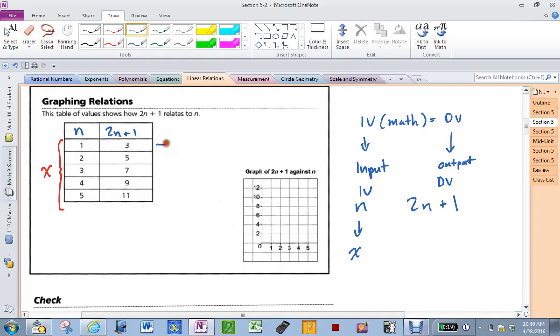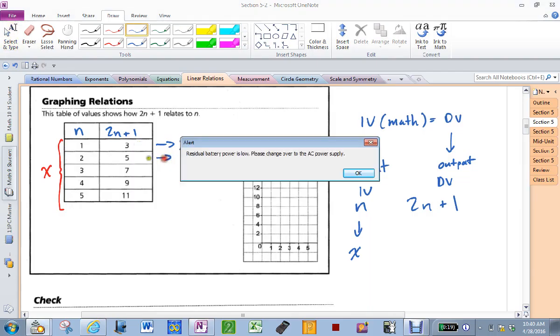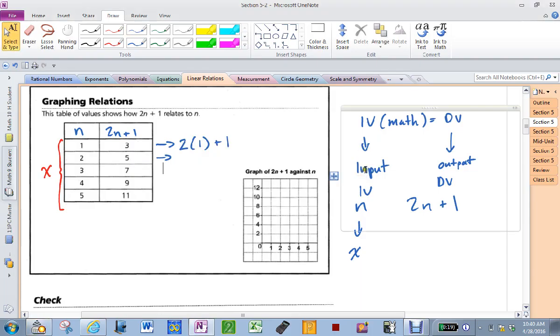So what do I do to get 3? 2, what is n? 1 plus 1. What's 2 times 1 plus 1? 3. Everybody cool? What do I do to get 5? 2 times 2 plus 1 to get 5.